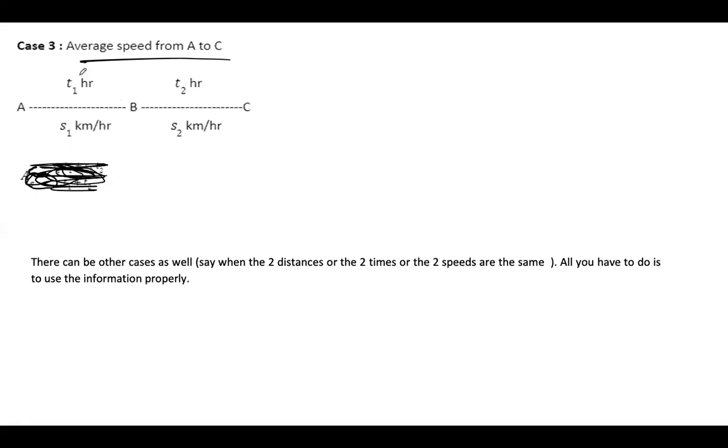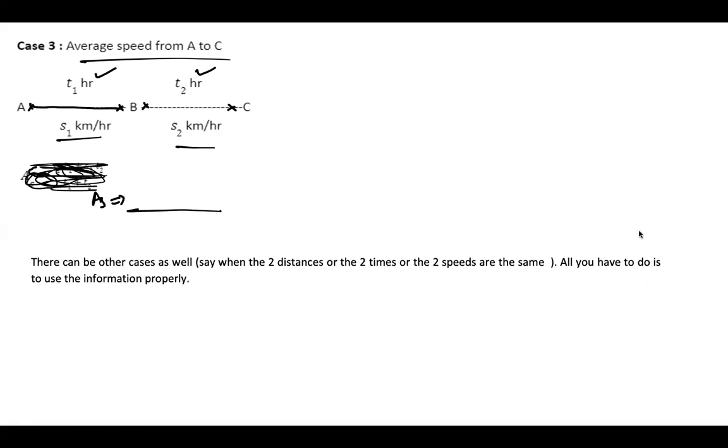Average speed from A to C. Time information is given for the two stretches and speed is given. From A to B, the speed is S1 kilometers per hour. From B to C, speed is S2 kilometers per hour. So what will be the average speed? Do you know the total distance from A to B?